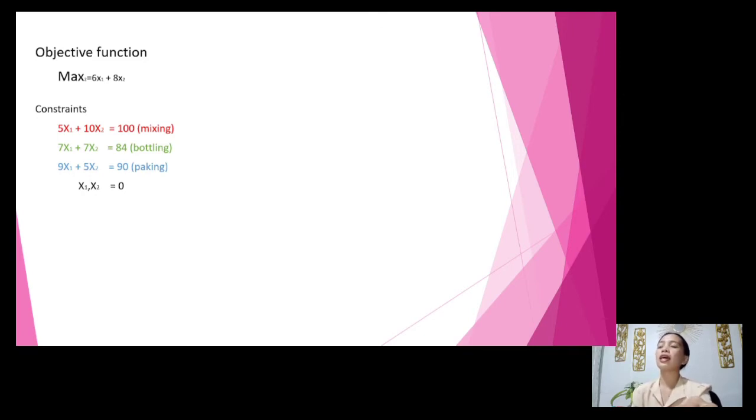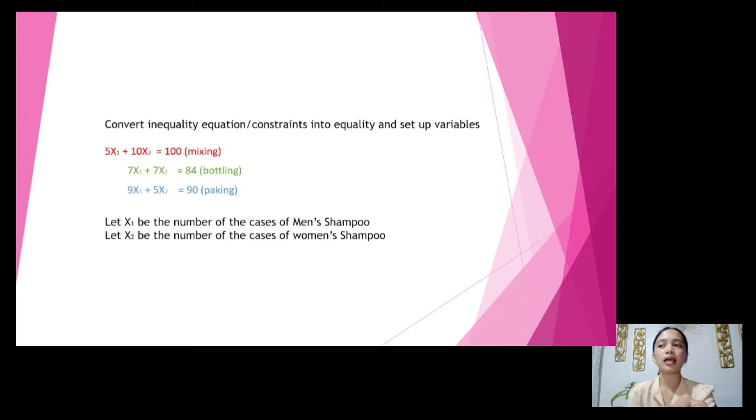And 9x sub 1 plus 5x sub 2 is less than or equal to 90 for the packing process. Let x sub 1 be the number of cases of men's shampoo, and let x sub 2 be the number of cases of women's shampoo.